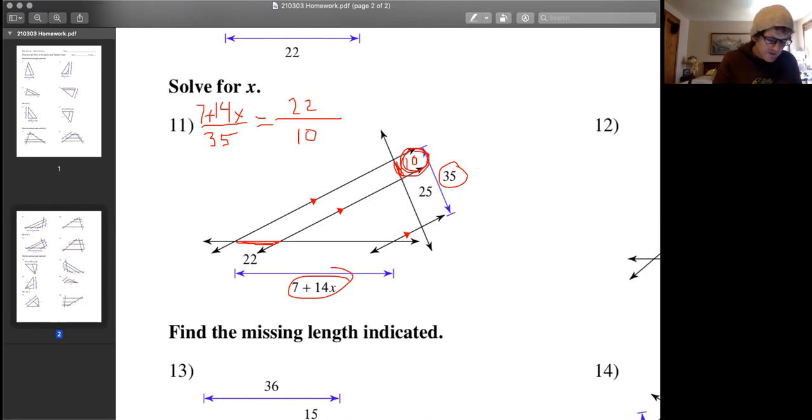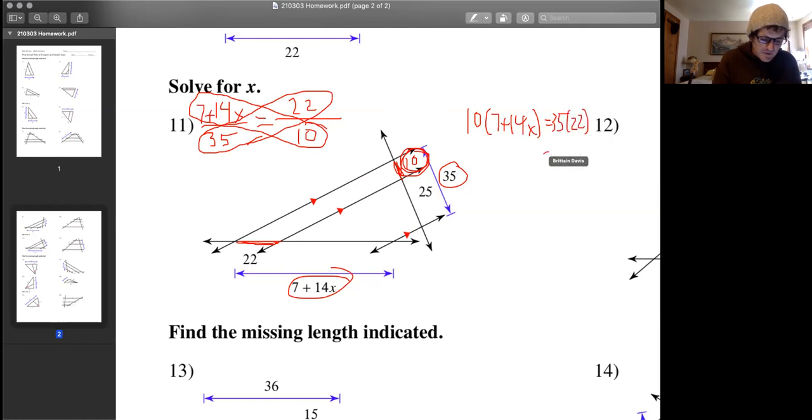So at this point, now that we've got two corresponding parts and I've created my proportion, I can do my cross products, and I'll do this pretty quickly. I've got 10 times 7 plus 14x equals 35 times 22. If I multiply this out, I'll go ahead and do the distributive property over here. That's going to be 70 plus 140x. 35 times 22, we can just plug that in.